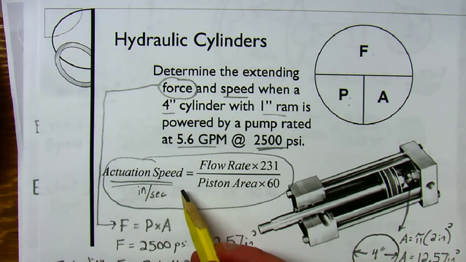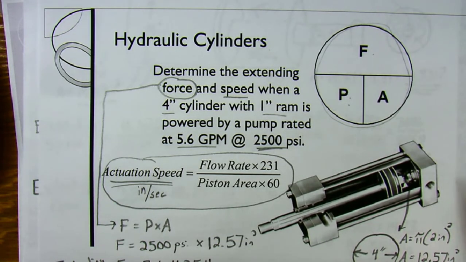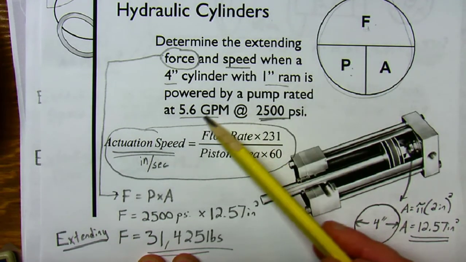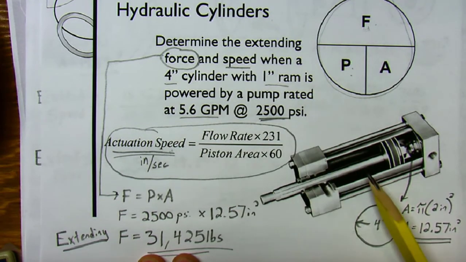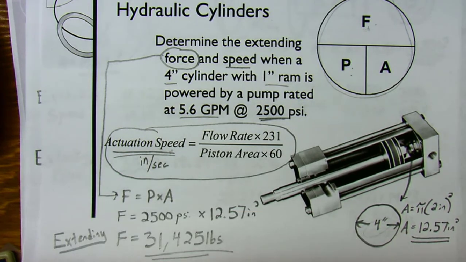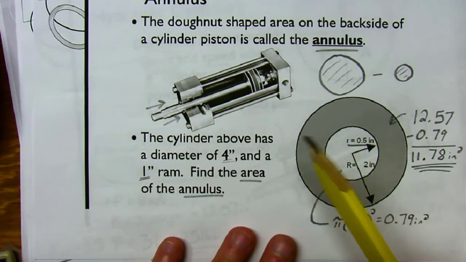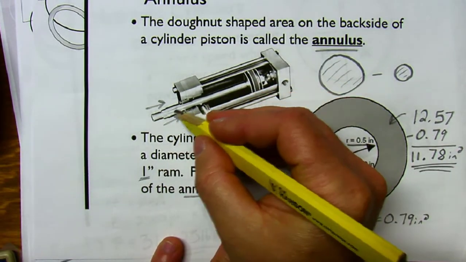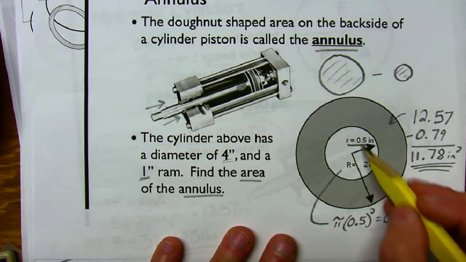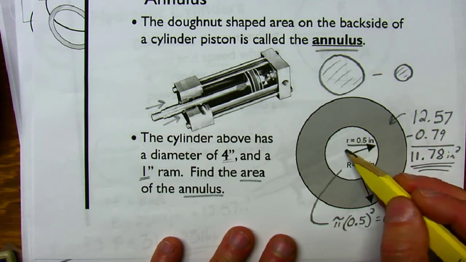And your actuation speed, along with our force pressure area circle, will allow you to calculate extending forces and extending speeds, because all you need to do is find the area of the piston when it's extending. But when you go to work with the contracting side of the pump, when you're contracting, you're pushing the ram back in, and then because of the ram, you lose some of your pushing area, and so we have to subtract that circle in the middle where the ram attaches.